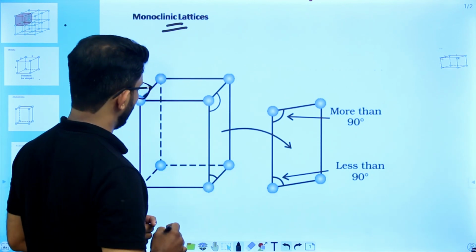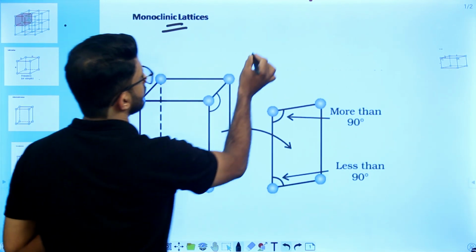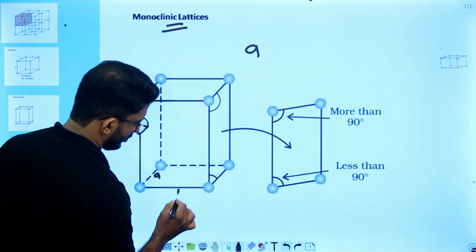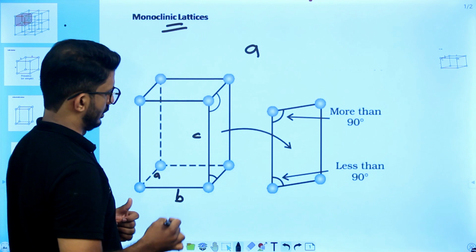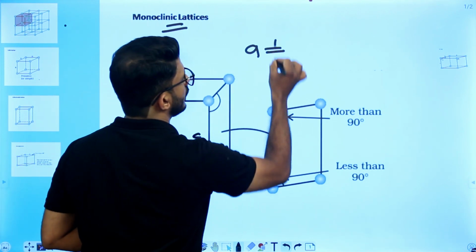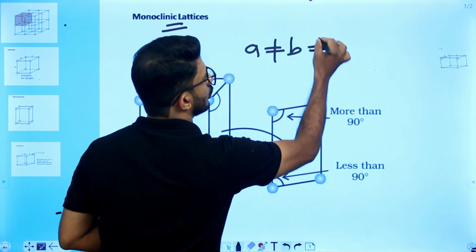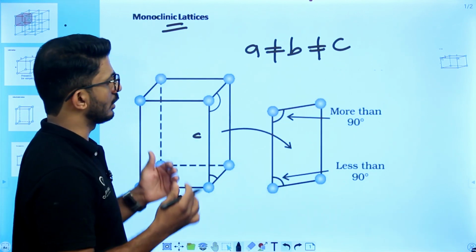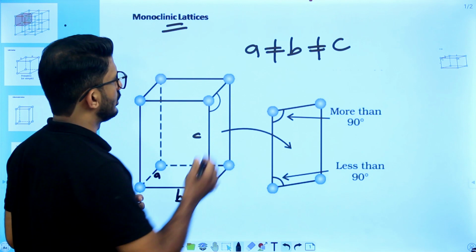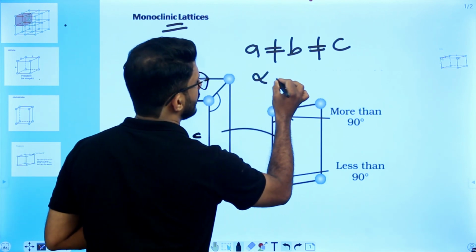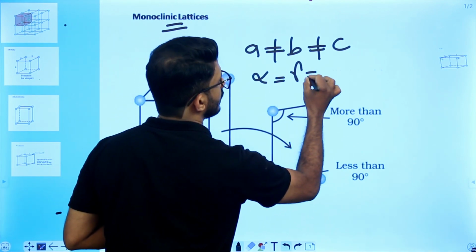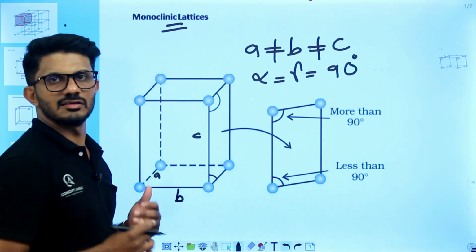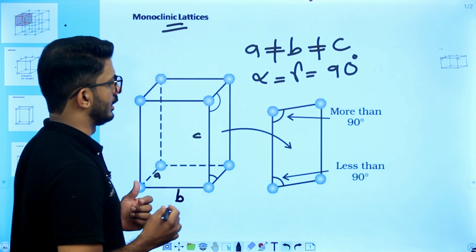In monoclinic lattice, this is A, this is B, this is C. A is not equal to B, not equal to C. And alpha is equal to gamma is equal to 90 degree.